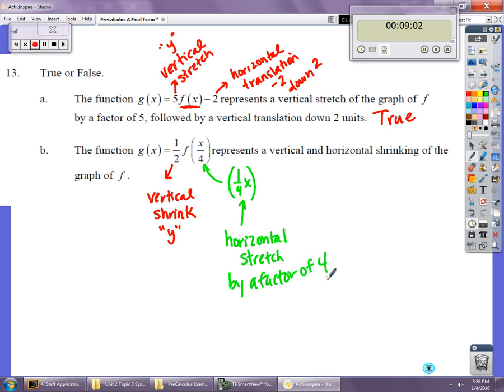Instead of 1/4, it's like the reciprocal. It's going to be the opposite. So let's take a look at what it says. It says a vertical and horizontal shrinking, and that's actually false, because the horizontal is a stretch, not a shrink. So remember, everything that happens to x is backwards.